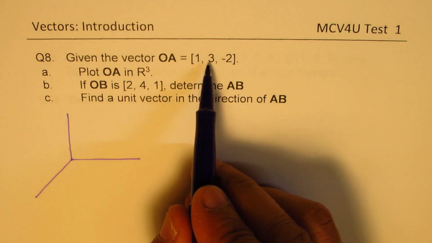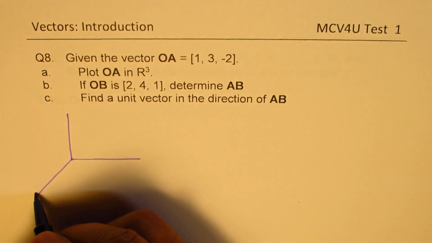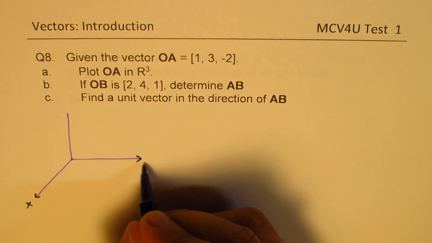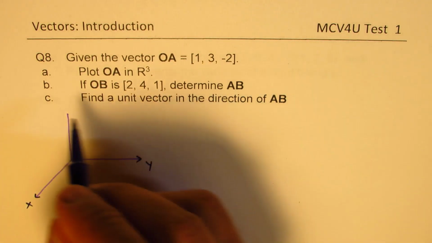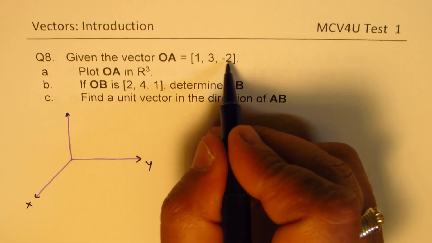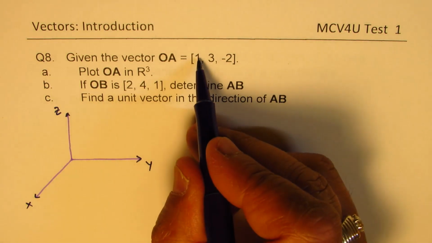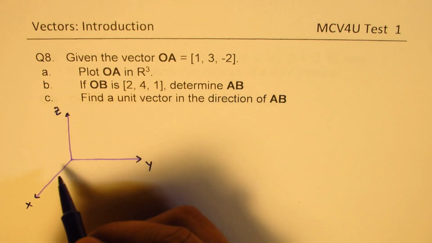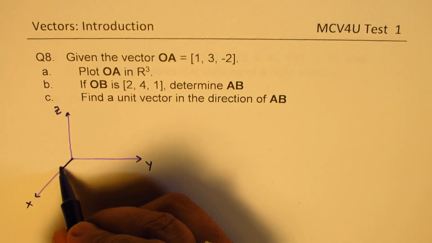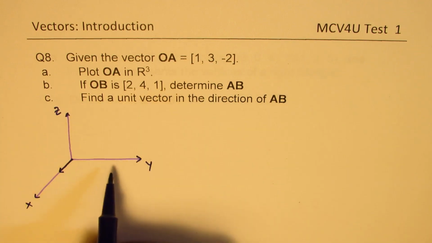OA is (1, 3, minus 2). That means along the x-axis, we have to go 1 unit, 3 units along y, and minus 2 means along z minus 2, right? So 1 unit along x. So let's say this is 1 unit, right? So that is 1. 3 along y.